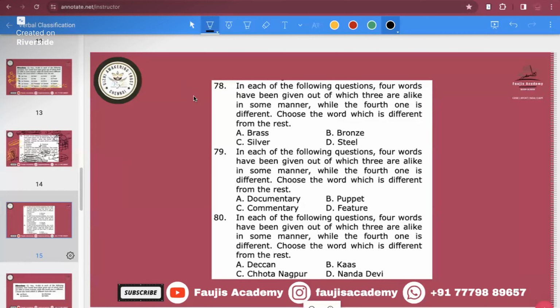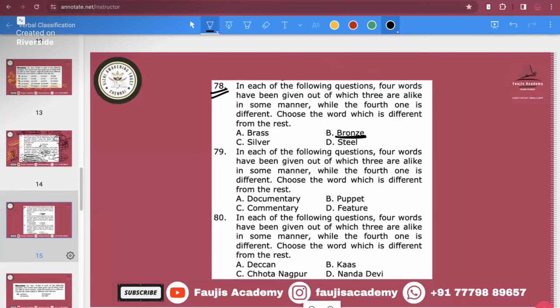Okay, no problem. Look at question number 78. Fast, guys. Not an easy one. Option C, silver. All others are alloys.